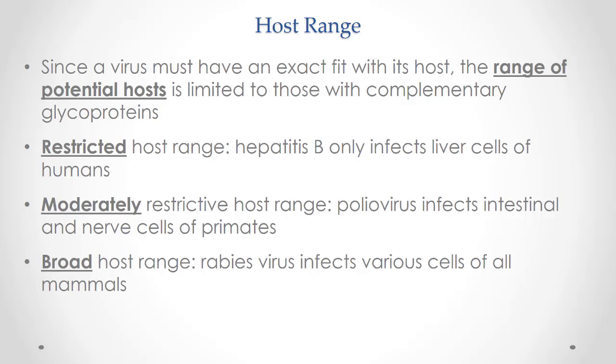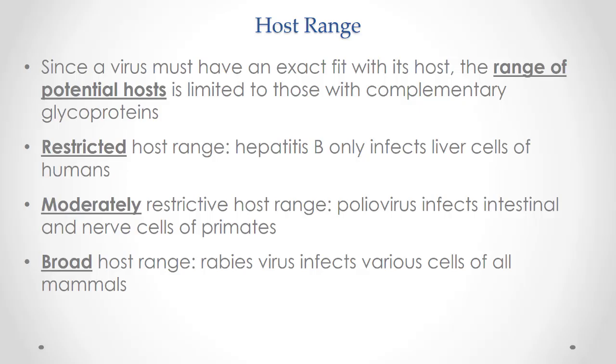Broad host range is relatively common as well. This is where a virus can infect different species and jump between different animals. So you do see this with certain viruses like COVID, which can infect a wide variety of different animals. Influenza viruses do this as well. It causes them to mutate at a higher rate as well. But the example listed here is rabies.